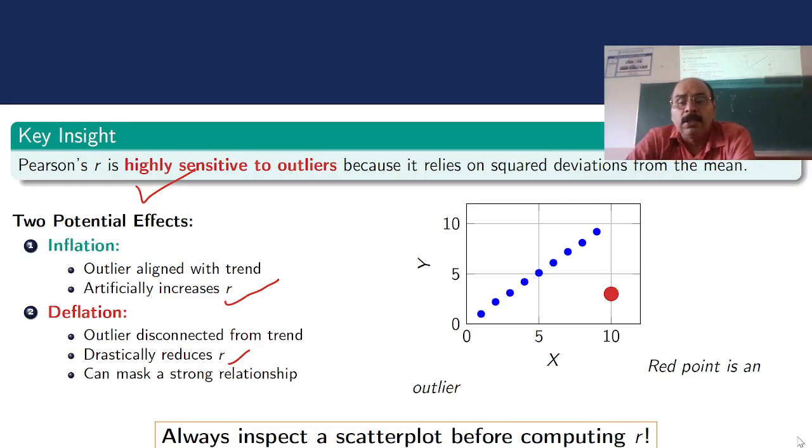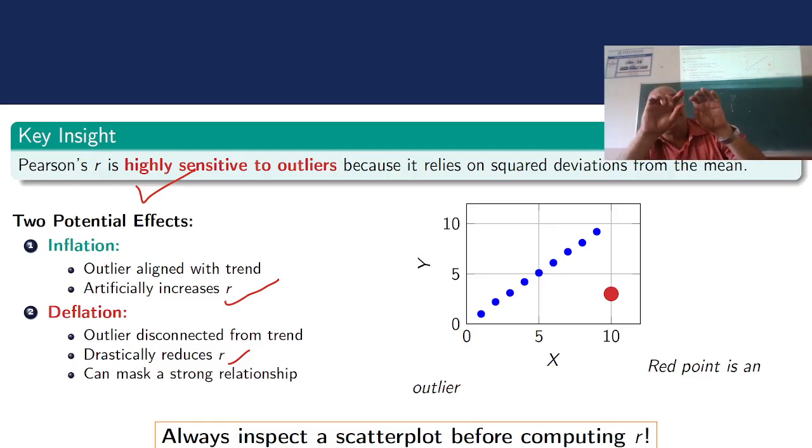It is highly sensitive to outliers because you are squaring the deviations from the mean, right? We have seen that mean is also highly sensitive to outliers. So what we have done, we have tried out median because median is not very sensitive to outliers. You know why?